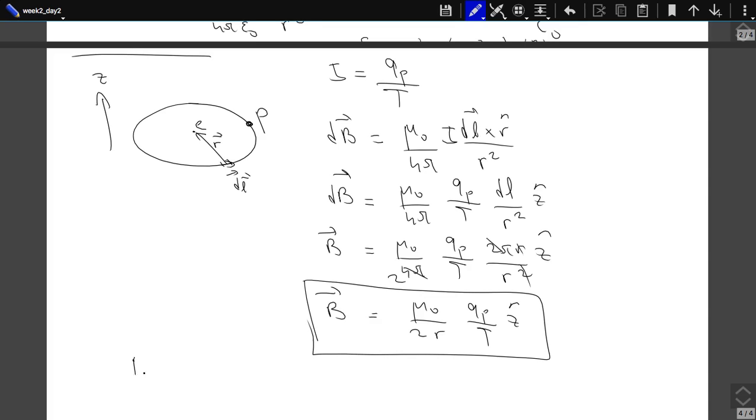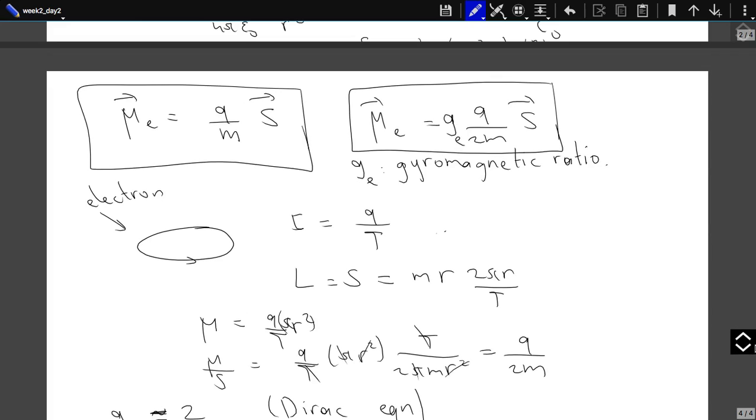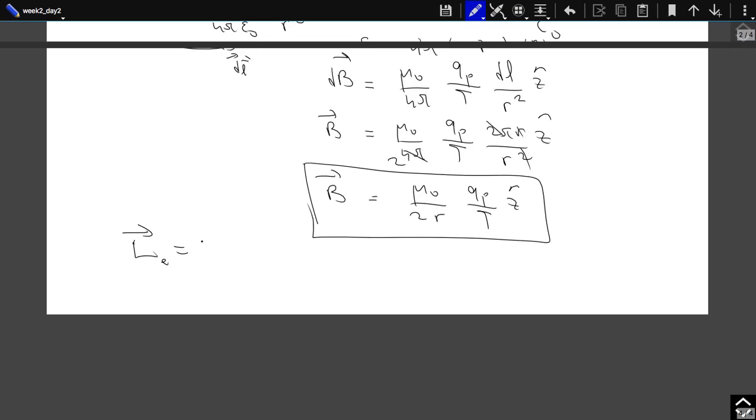What's the angular momentum? Well, the angular momentum of the electron, we had already written it down. Now, this was the spin. It is again m r squared 2 pi over T, which is also in the z direction.